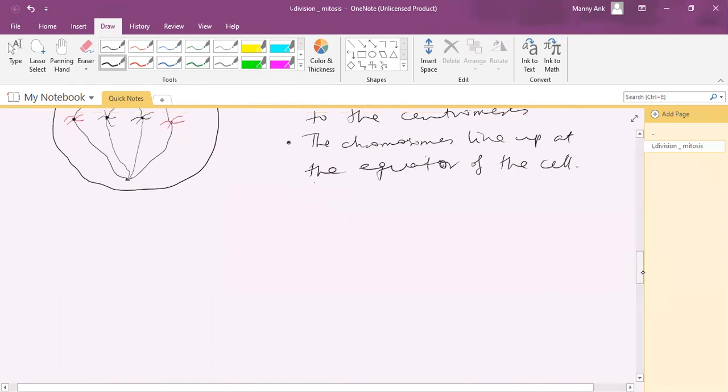Now we're going to enter into another phase, which is going to be the anaphase. The anaphase. Okay. So this has the early parts and the late parts. So let's look at the early parts. Early anaphase. Now, during early anaphase, you have the chromosomes splitting up.